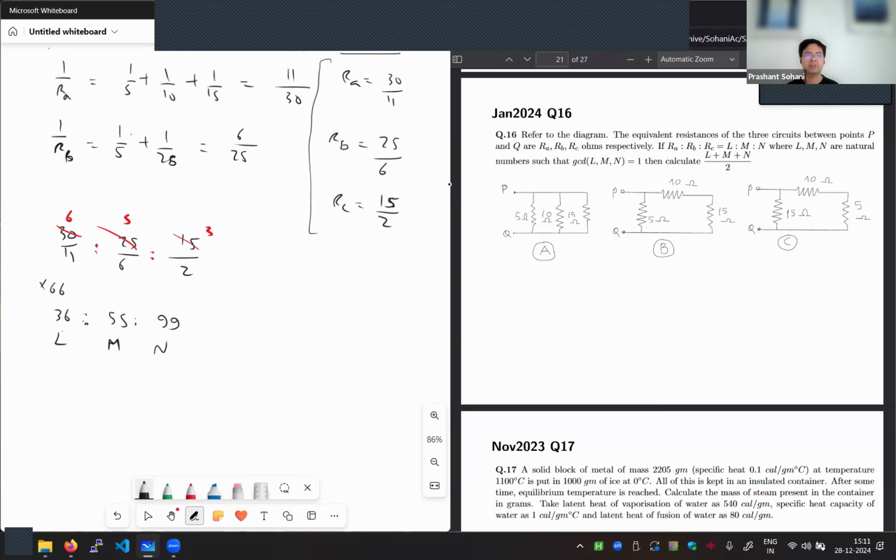So still we consider the GCD of all three together as 1 only. Then (L plus M plus N) upon 2 is 195, right? So that is the answer of this question.